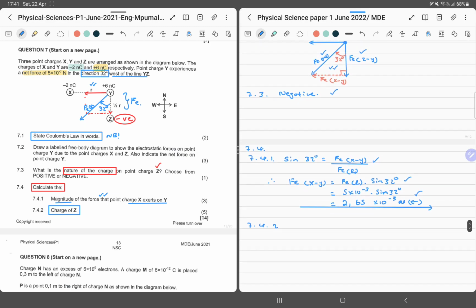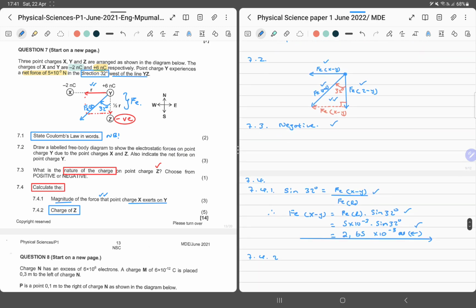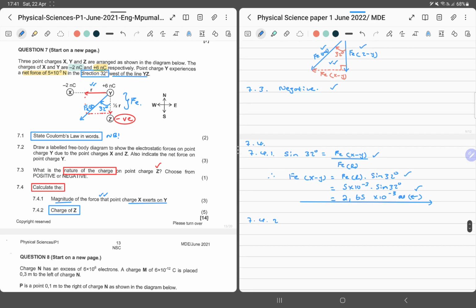For us to find R, we need to use the above information. We need to use X. So we saw that Fe of X on Y was given by Coulomb's constant times charge on X times charge on Y divided by r squared, isn't it?